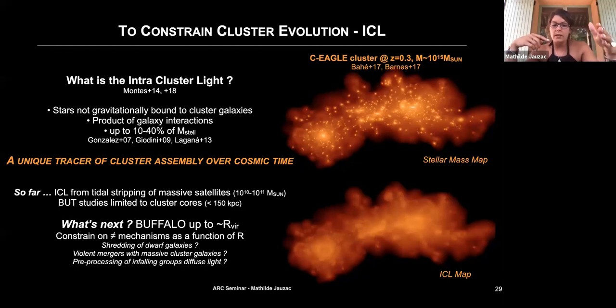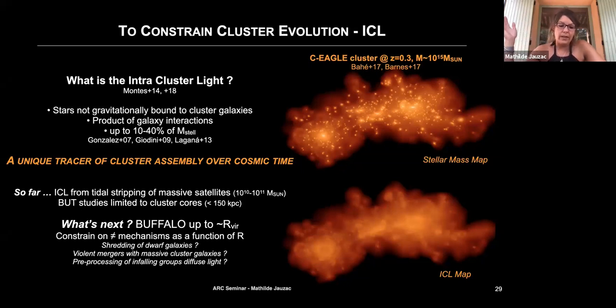So that's why it's quite a strong component of Buffalo, because with these mosaics that extend further away from the cluster core, they can try to study the ICL and understand what it really comes from. One hypothesis is that it might have different origins depending on the region of the cluster where you trace it.